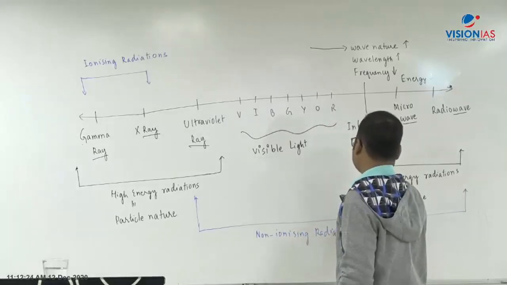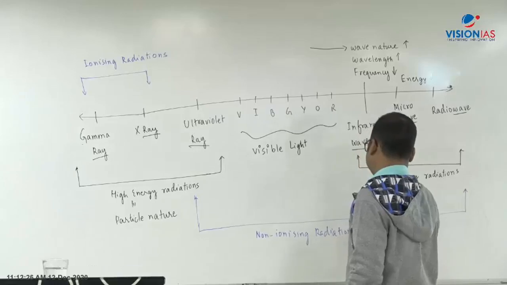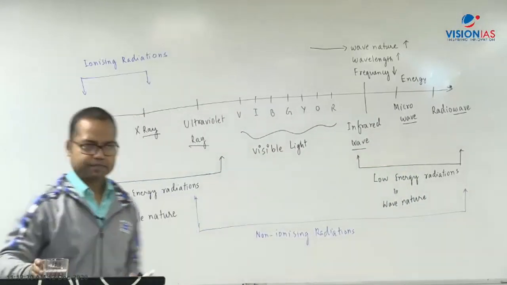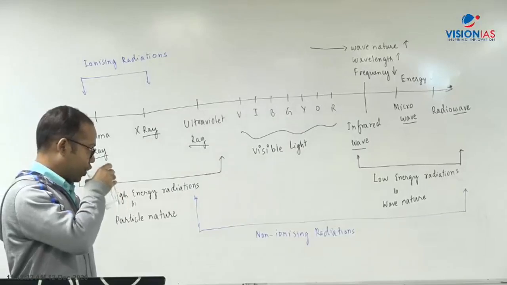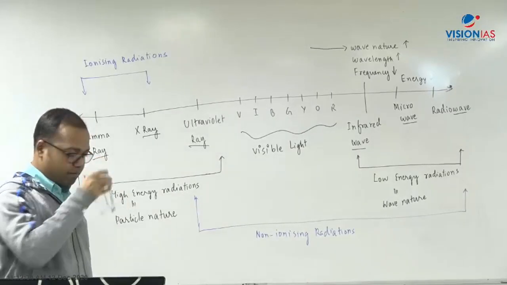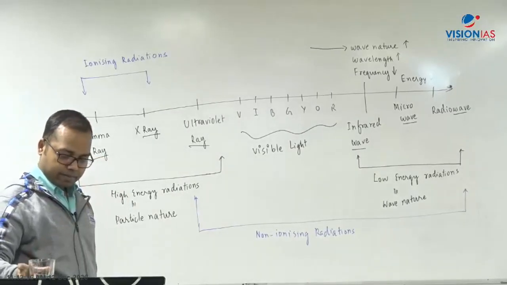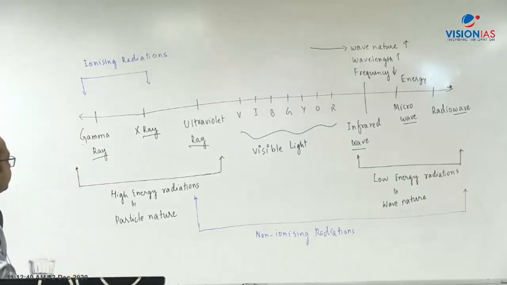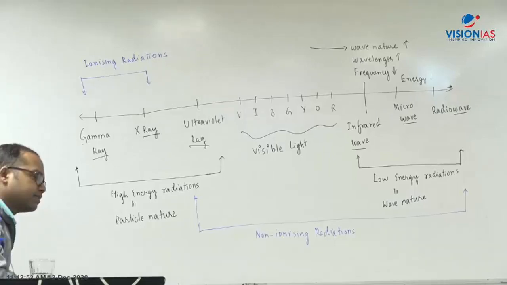Ionizing means if something comes in the picture, it is broken into ions, meaning charged particles. Now we will see the application of these waves. Okay. First draw, I will just give you 1 more minute.